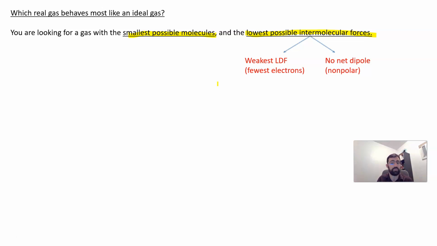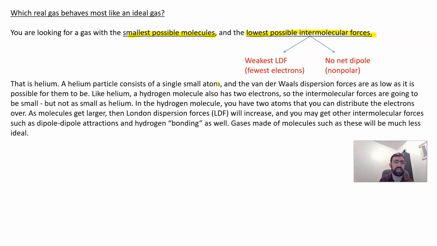That comes from having the fewest electrons, and there's no net dipole, so it's nonpolar. So yes, it's helium. Helium consists of a small atom, and the van der Waals dispersion forces are the only thing that we have. It's got the lowest dispersion forces because it only has 2 electrons.